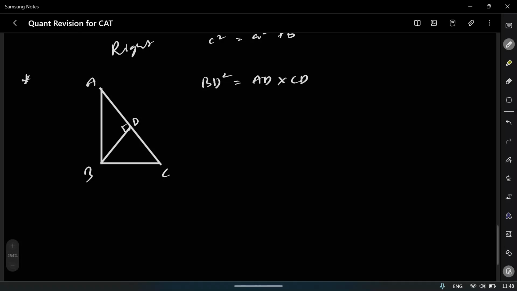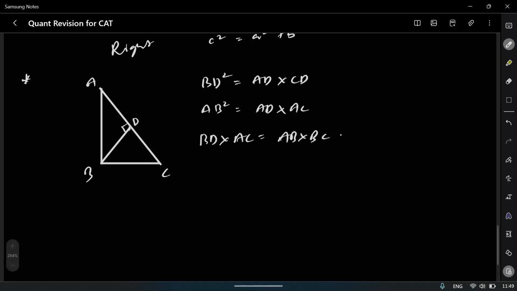I think there are three formulae, and all three are useful. So try to practice them or jot them down somewhere so that they will be useful in future. AB square equals AD into AC, and BD into AC equals AB into BC.